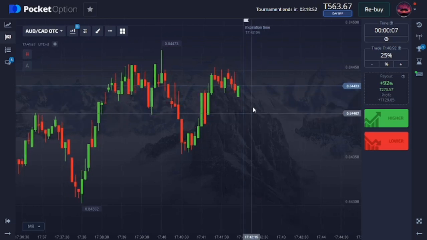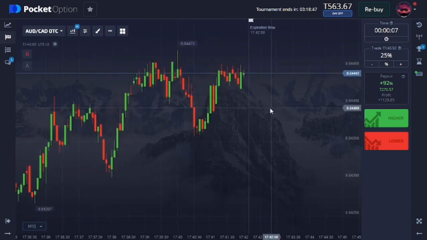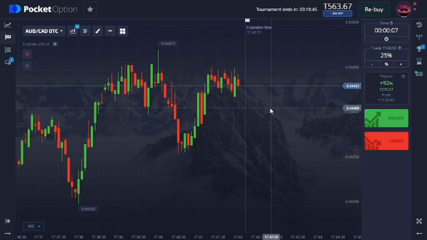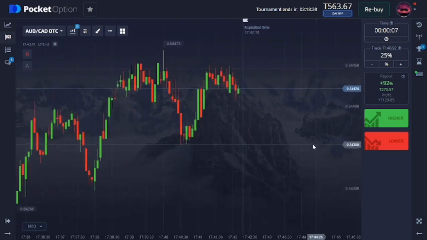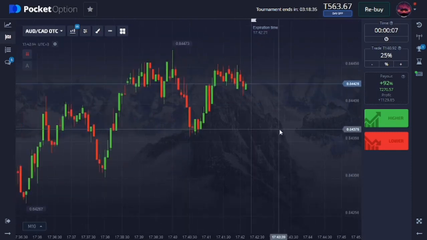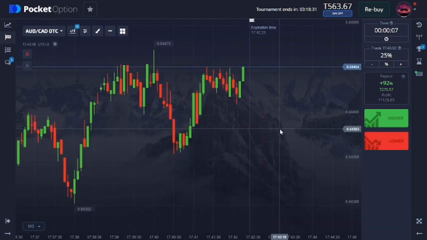That means almost 1 grand in one trade. In 10 trades, that is 10 grand. If you win all of them in 5 seconds each, that is 5 times 10, almost 1 minute.